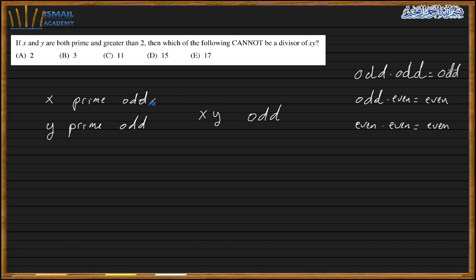They ask which of the following cannot be a divisor of x times y. The product of two odds is odd, and if it's odd, it cannot be divisible by 2, because 2 divides only even numbers. So my answer is A.